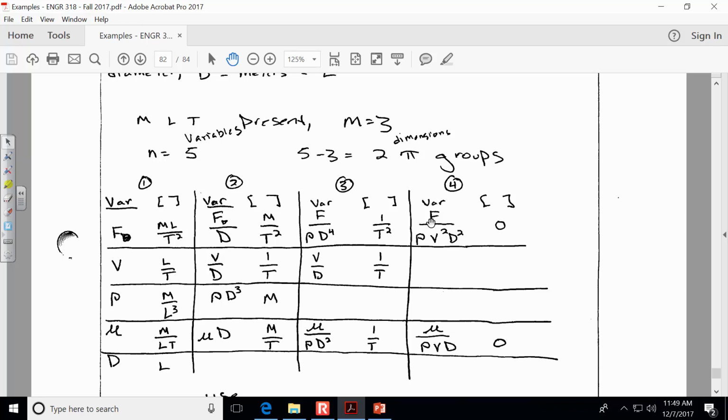And then finally, viscosity divided by D is mass divided by time, so I need to have viscosity times D divided by density times D cubed. That cancels the D in the numerator with a D in the denominator, so I end up with viscosity divided by density times diameter squared.